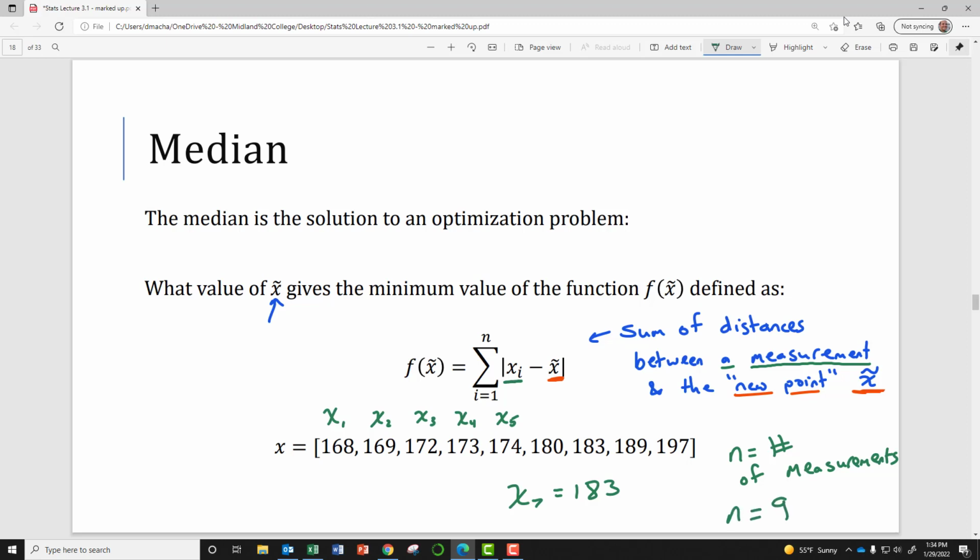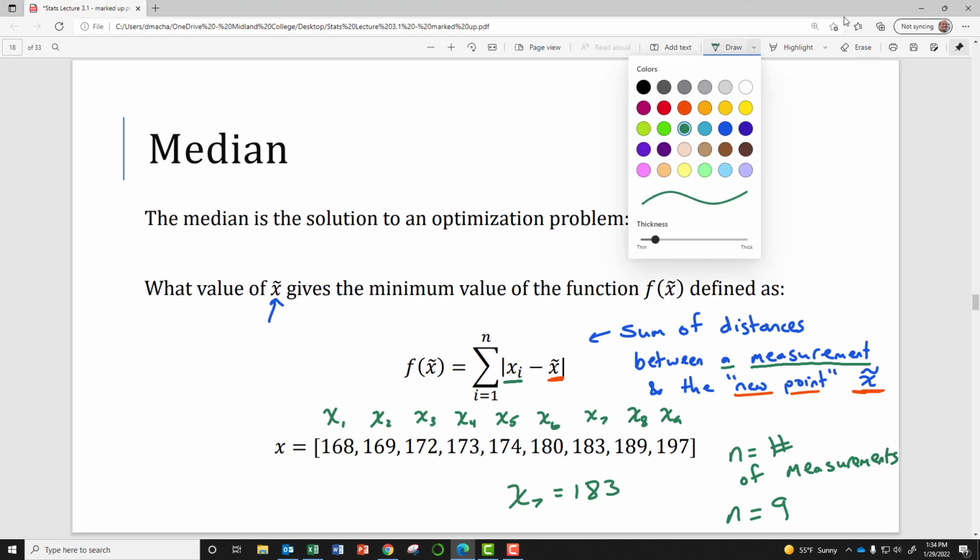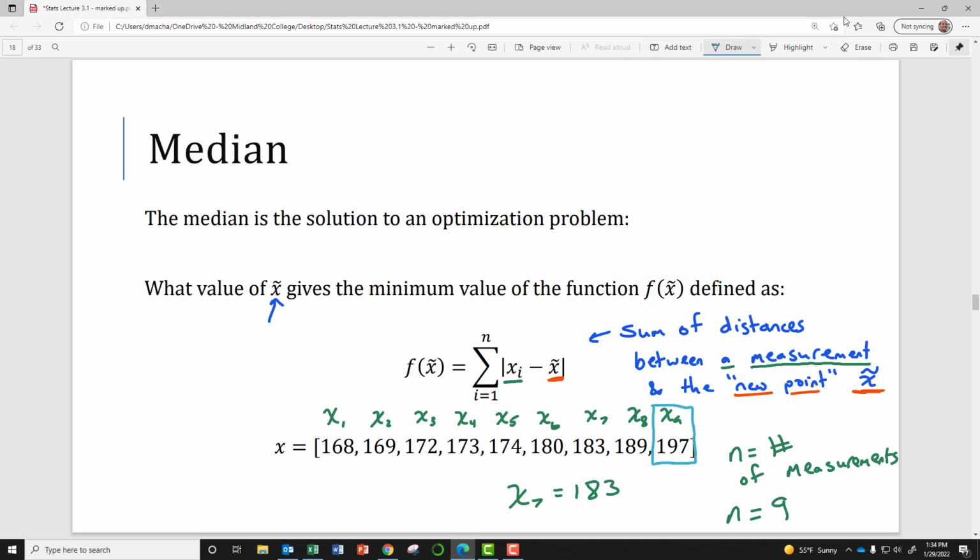So we're going to let the value of i, my index variable, go up from 1 to 9, counting all of the integers in between. So it's actually going to cover x subscript 1, x subscript 2, x subscript 6, x subscript 7, x subscript 8, and x subscript 9. So all of these measurements are going to be included in the sum.